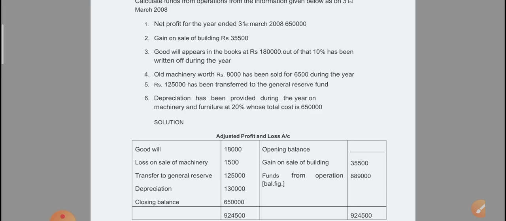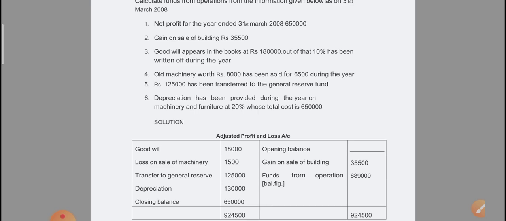Then old machinery worth rupees 8,000 has been sold for rupees 6,500 during the year. So the value was 8,000 and the sold value is 6,500. It means there is a loss of rupees 1,500.